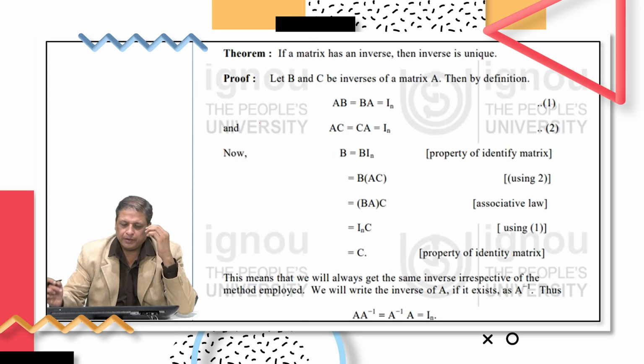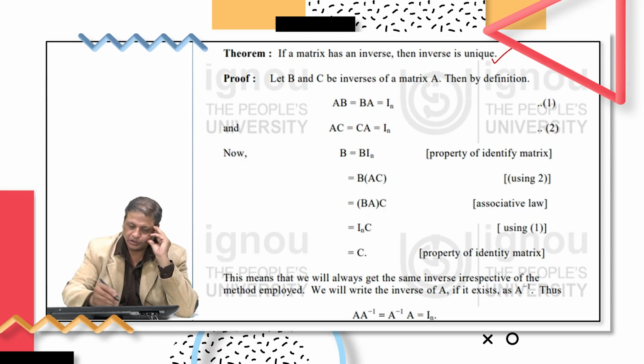Now we'll try to understand one more thing. There is a theorem that if a matrix has an inverse, then that inverse is unique. This is an important theorem, and let's understand what it wants to say with the help of a proof.